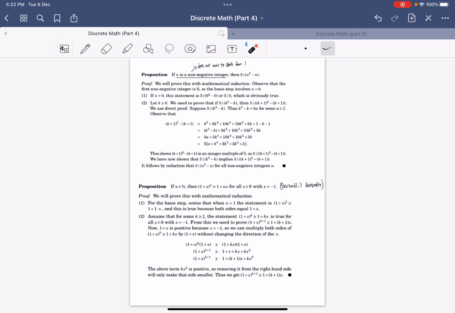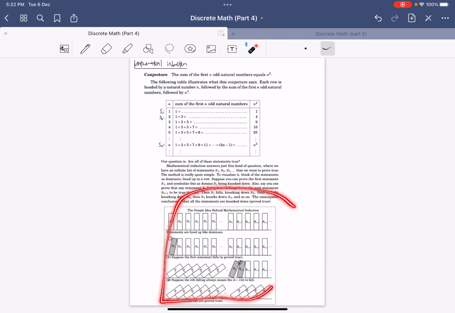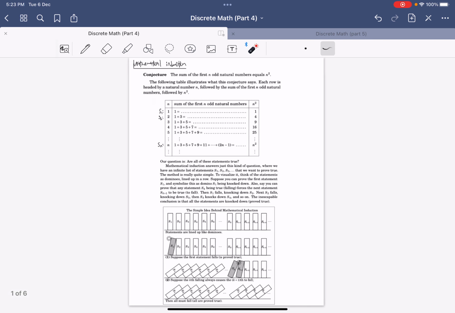And so, there are other forms of mathematical induction, because if you understand the domino picture, you can see that your base case doesn't always need to start from n equals 1. It could start from n equals minus 4, and if you are able to show Sk implies Sk plus 1, it means from minus 4 all the way to minus 3, minus 2, all the way to infinity, all those cases will work as well.